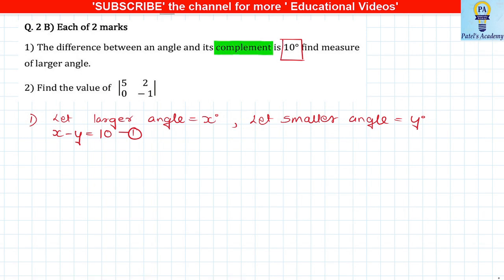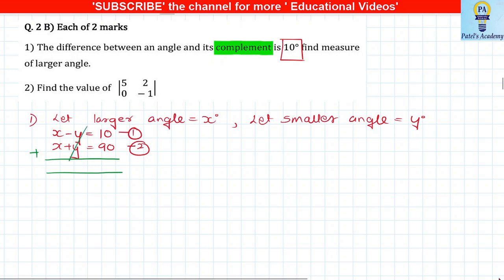And they have given the term complement. Now we know what are called complementary angles, angles whose addition is 90. These are the two equations we get, students, and what we have to do is add both the equations. So when you add the equations, y will cancel. What we get is 2x equals to 100, so x equals to 50 is the first angle. Now we substitute that in any of the equations, equation 1 or 2.